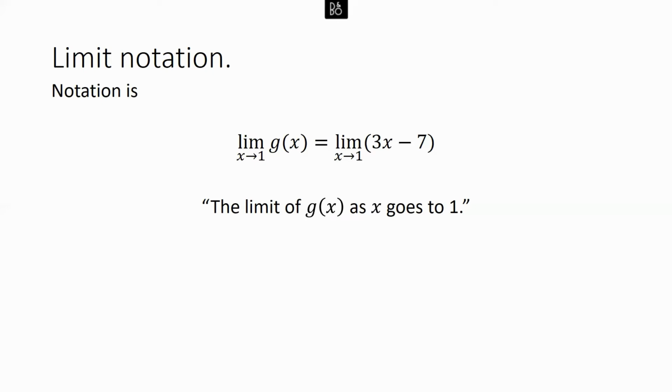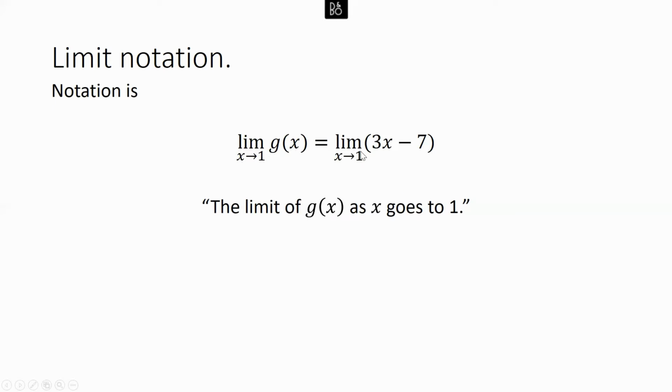Now, we know in this example that happened to be -4. So we could say the limit of g of x as x goes to 1 is -4. And the way we would write that is LIM g of x, x gets closer to 1, equals -4.